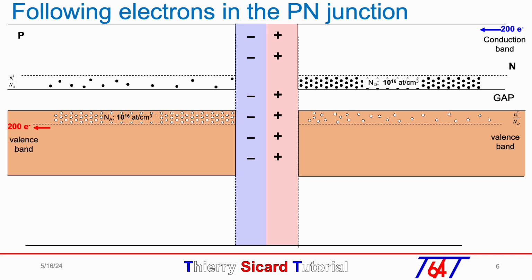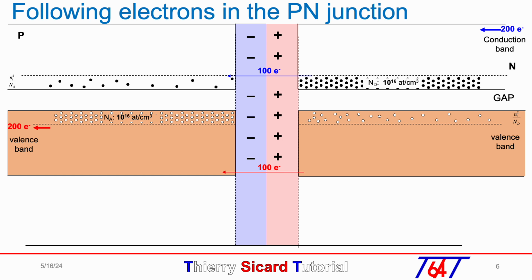To simplify this presentation, the N and P doping are equal, so we can assume that of the 200 electrons, half of them, see the 100 electrons in blue, will cross the space charge area with high energy, which means in the conduction band, and the other half, see the 100 electrons in red, will cross the space charge area with a low energy, which means in the valence band.